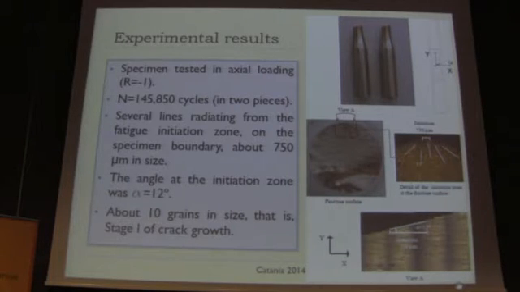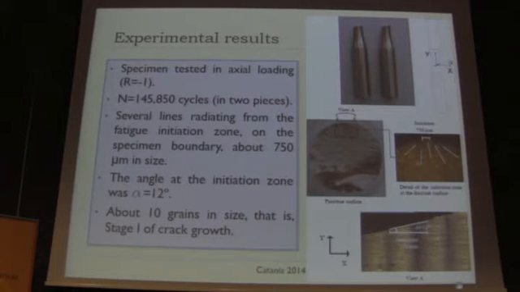We see that the lines radiating from a zone point to an area, and we consider that zone to be the initiation. That initiation is along the surface, in this case measuring 750 microns.